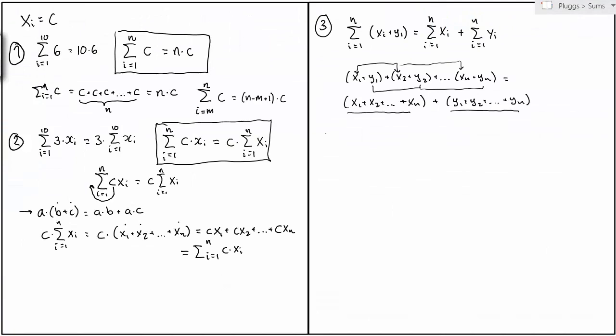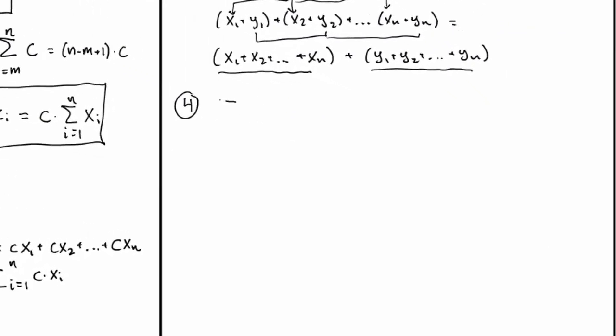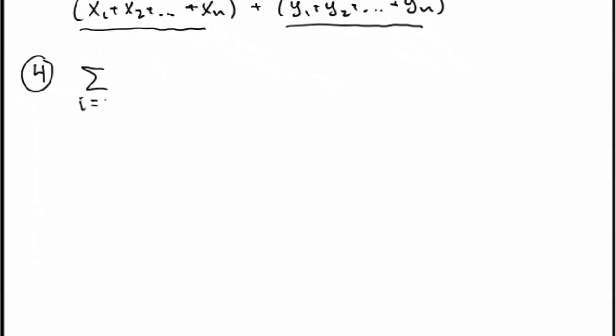So what we just saw was that if I do the sum i goes from 1 to 6 of xi, and to that I add the sum i goes from 7 to 10 of xi, that's exactly the same as the sum i goes from 1 to 10 of xi.